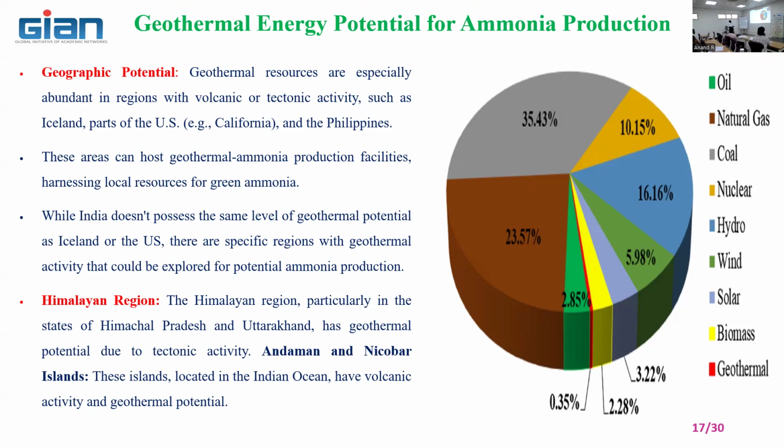So almost 60% of the total power in the world comes from conventional sources, particularly coal and oil. The remaining 40% we are exploring through renewable systems. Among the renewable sources, solar at 16.16 plays a major role, followed by nuclear, which is also a conventional one.